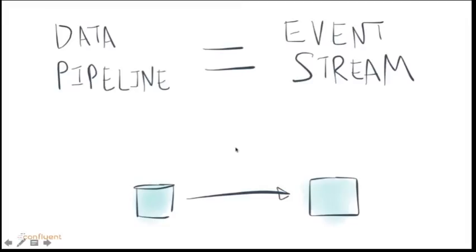And so that's really the key insight for this data pipeline problem, the idea that you could represent your data as events, that would apply to many different types of data and would work for many types of data systems. And you could have a universal pipeline, which is the event stream.